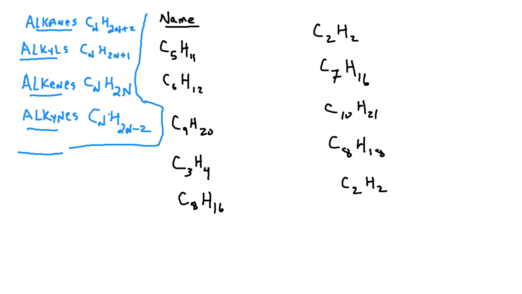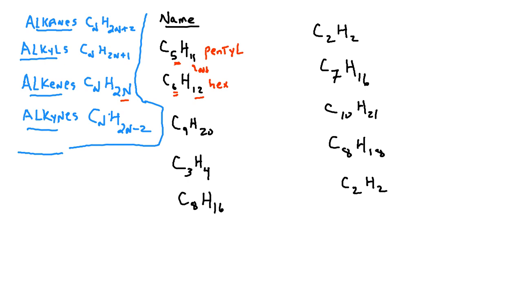First one, I have 5 carbons, so I know the prefix is pent. This is an odd number, so I know I have 2 times 5 is 10 plus 1. This is pentyl. Here we have 6 carbons, so we know the prefix is hex. 2 times 6 is 12, so N, 2N is ene, hexene.